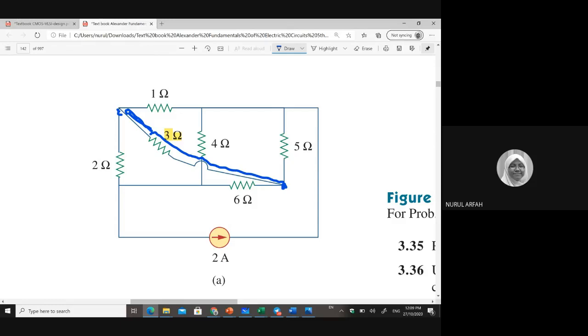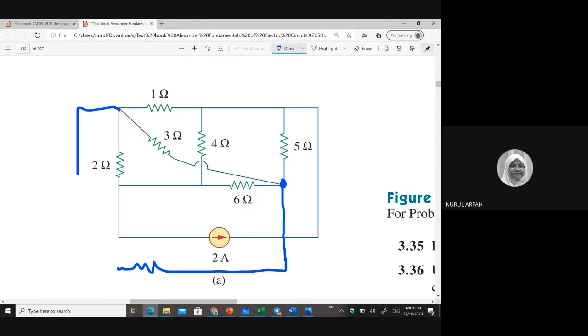What I mean is, if I remove this and then rearrange, I just put this part like this, 3 ohms, and there's no longer 3 ohms here.